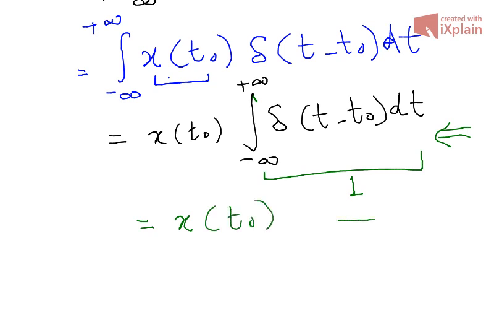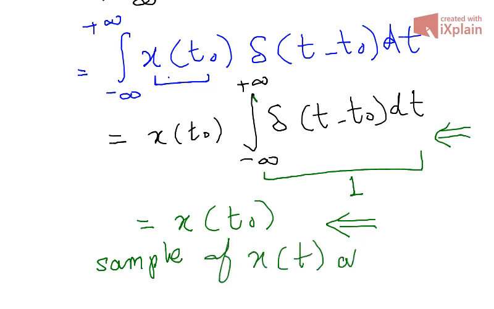This is the sample of x of t at t equal to t naught. This is how you take the sample.